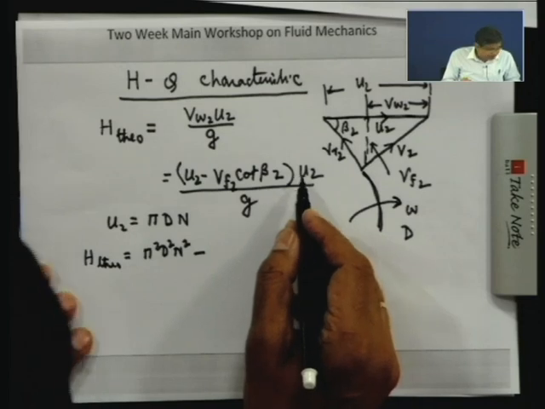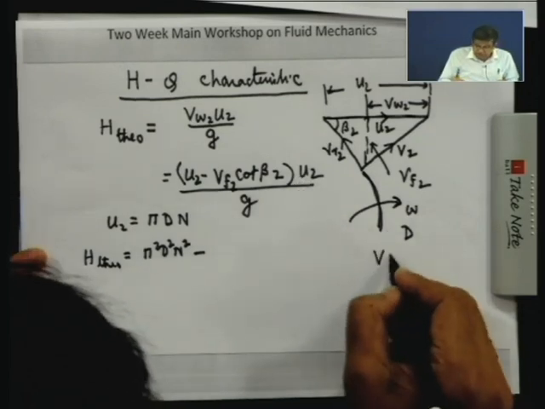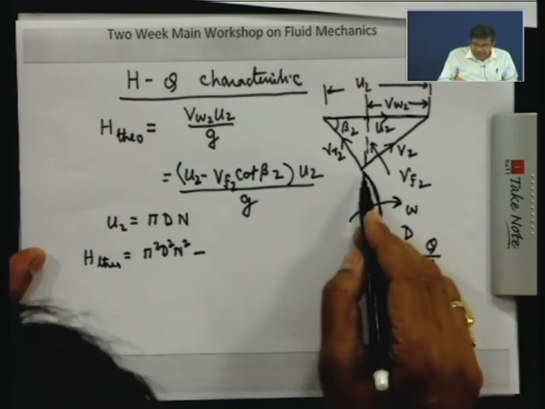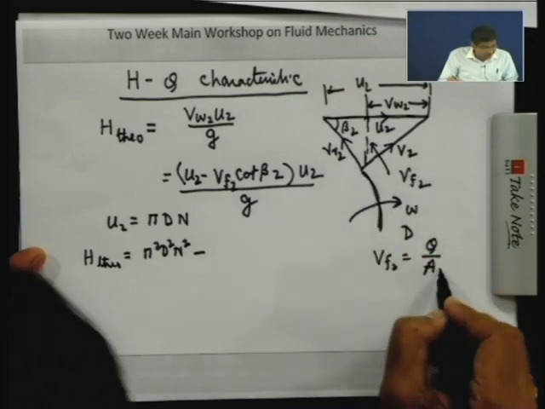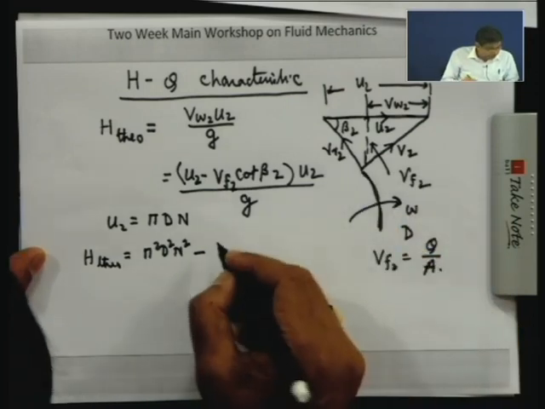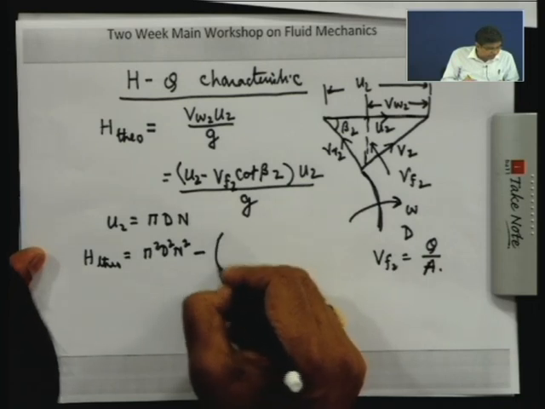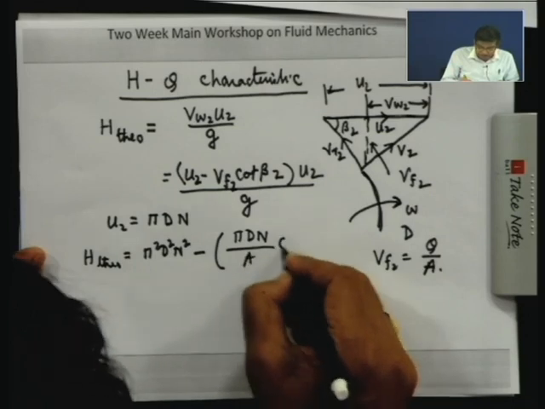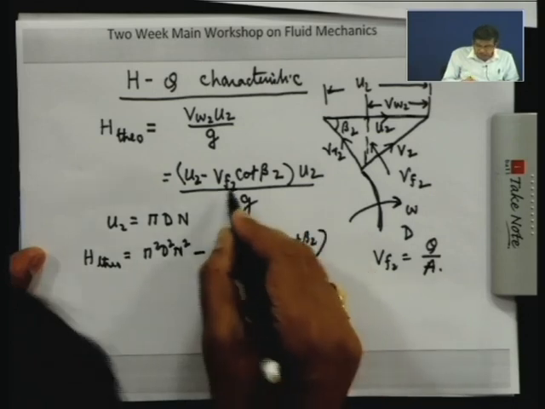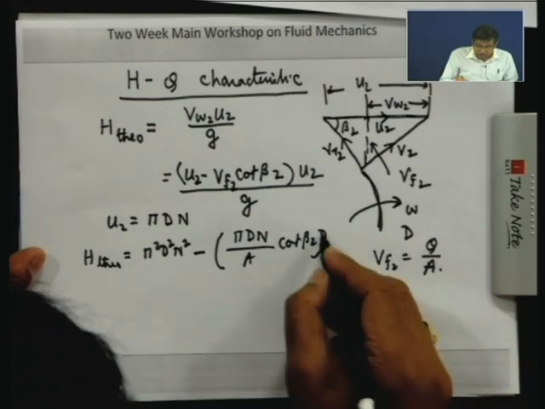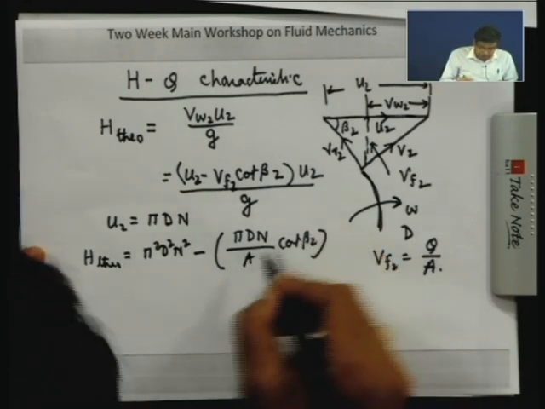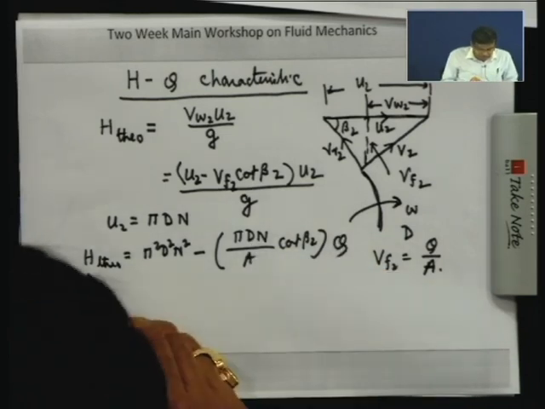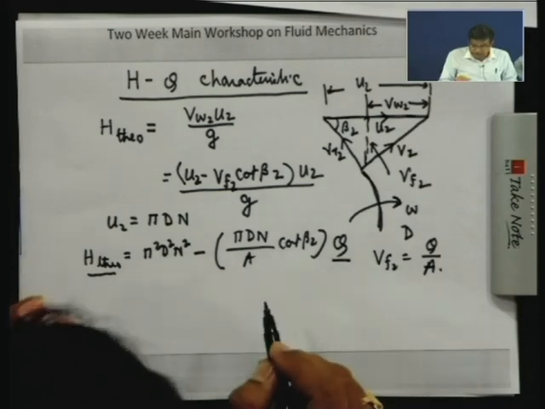VF2 we can again write as the flow rate divided by the cross sectional area, which is the area at the outlet, pi d into B. If you do that, you will get an expression pi d n by A cot beta 2, that means VF2 is Q by A into U2. U2 is again pi d n, so Q has come. That means I want to develop a relationship between theoretical head and the flow rate.